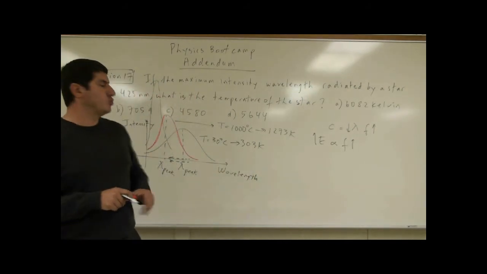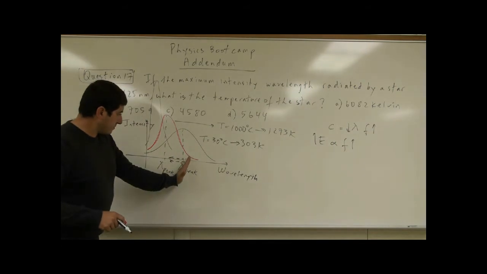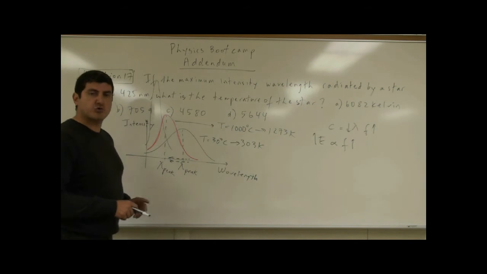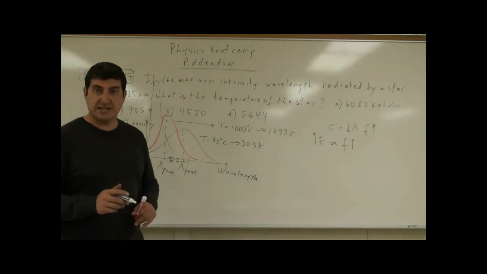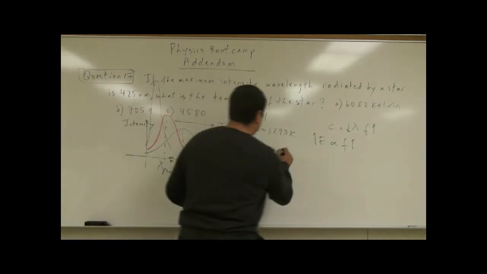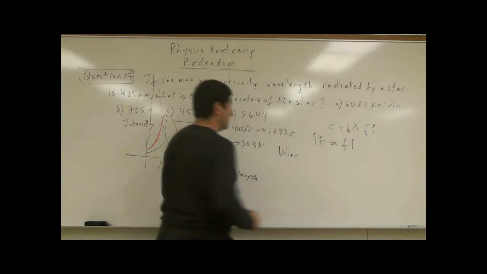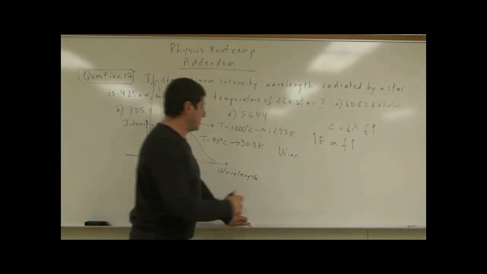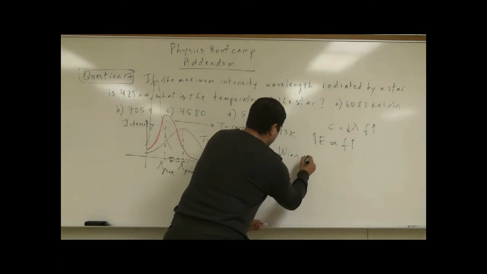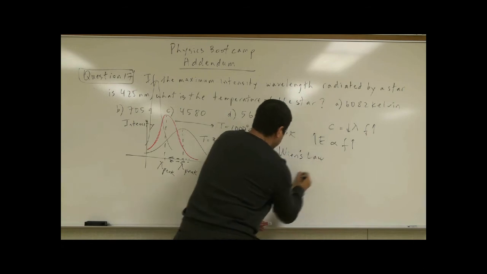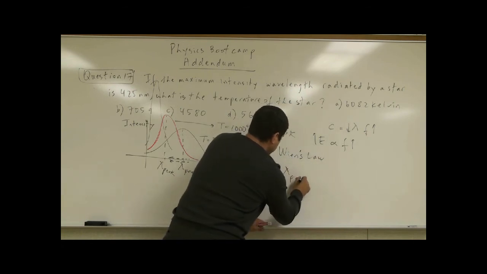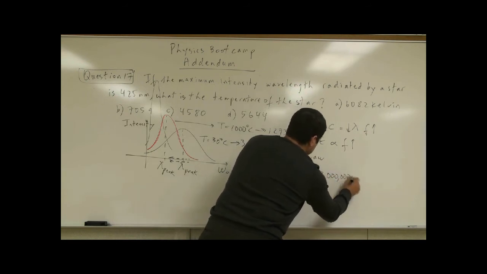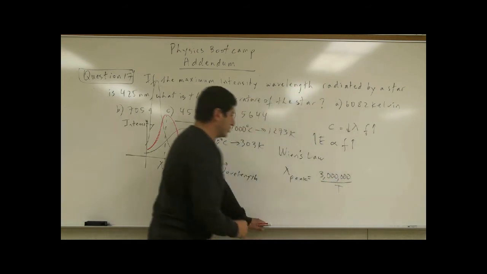So the person who put this behavior, this lambda peak, into equation form is known as Wien. His last name is Wien, W-I-E-N, and in German we pronounce the W as a V. And his equation, we call this Wien's law, says lambda peak is equal to 3 million over the temperature as measured in Kelvin.